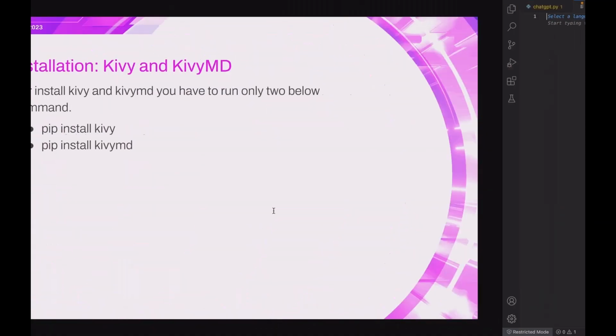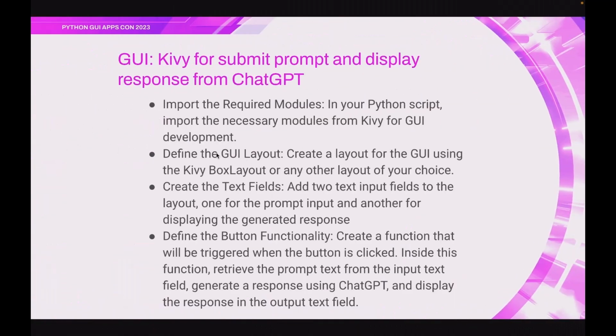Okay, so let's start and build a simple GUI for our ChatGPT application. We will first import the required modules in our Python script. Then we will define the GUI layout, creating a layout for the GUI using the Kivy box layout or any other layout of your choice.